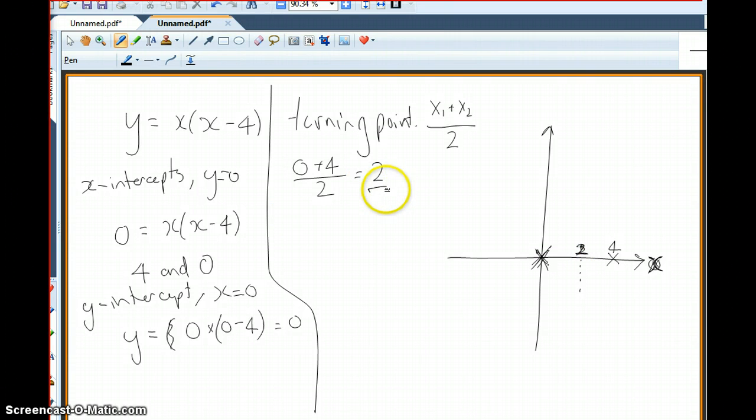What do I do once I've got 2? X is 2. I now need to figure out the corresponding y value. So I've got an equation for that. This is the equation, x minus 4 rather. I need to substitute the 2 in everywhere there's an x.